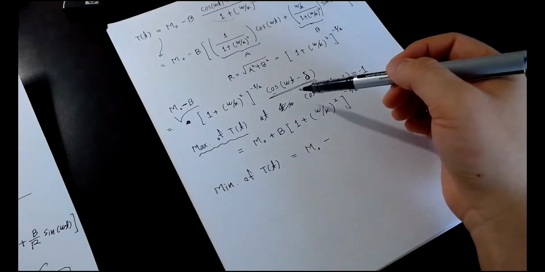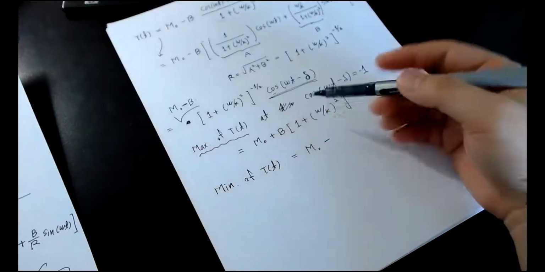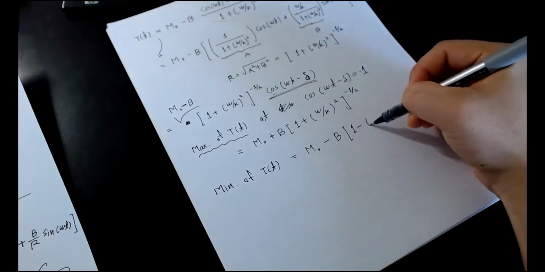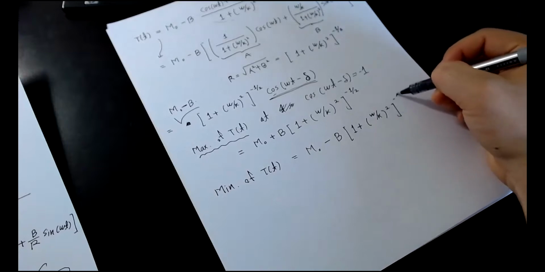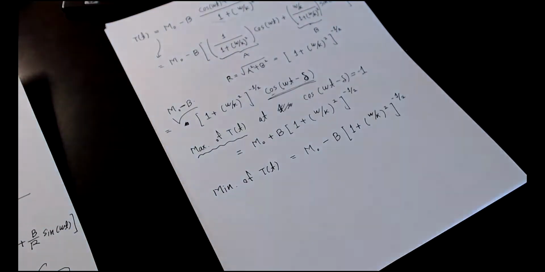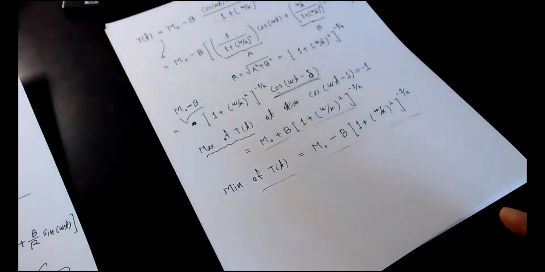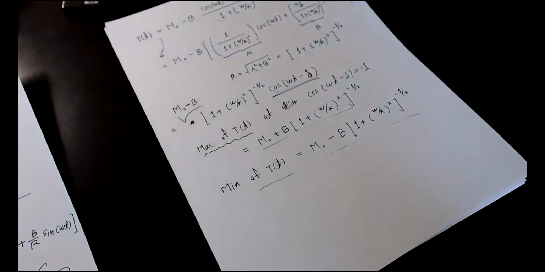Then we get M0 minus B, so M0 minus B times 1 plus w over k squared to the negative 1/2. So applying these two formulas to the problem, we can find the highest and lowest temperature at a specific time constant.